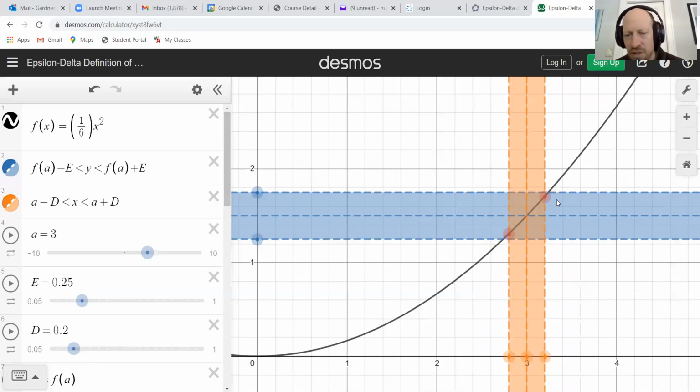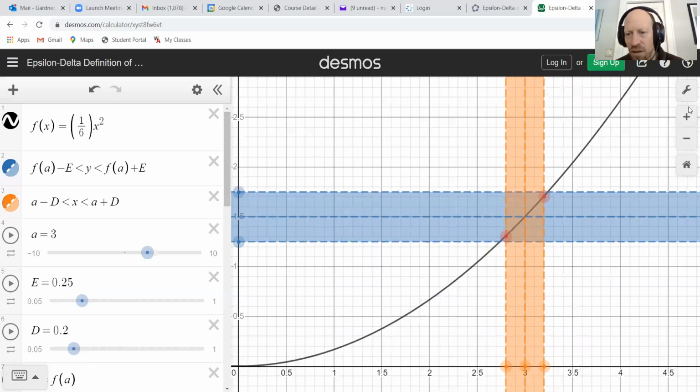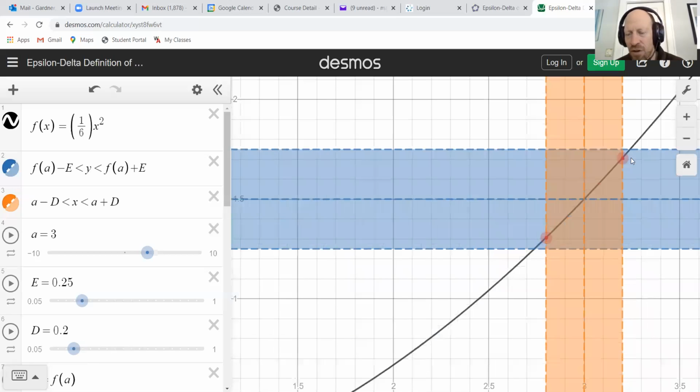This looks good. It appears to me that, and zoom in a little, every x value from the orange corresponds to a y value that is inside the blue target. It does not have to be exact, but I cannot go over, right?